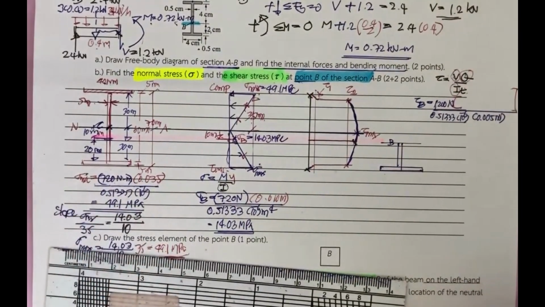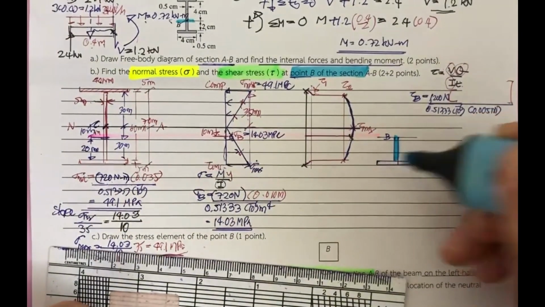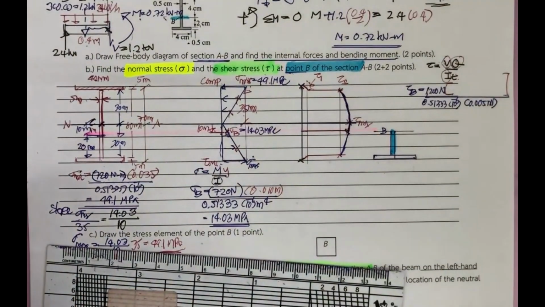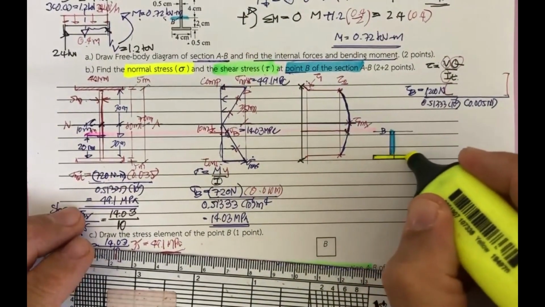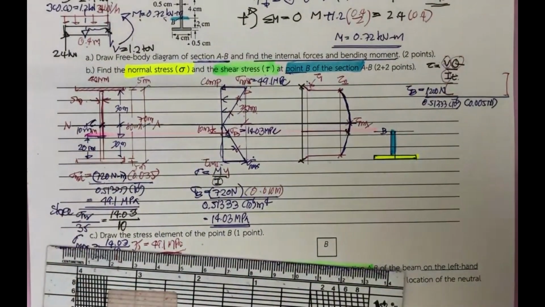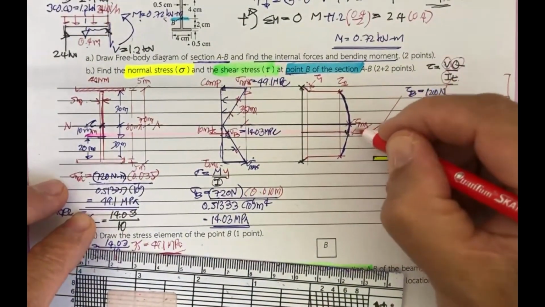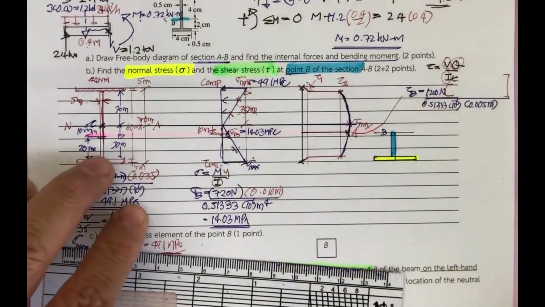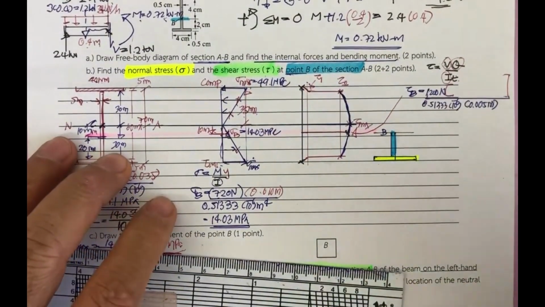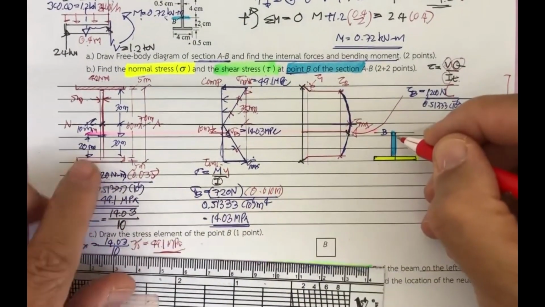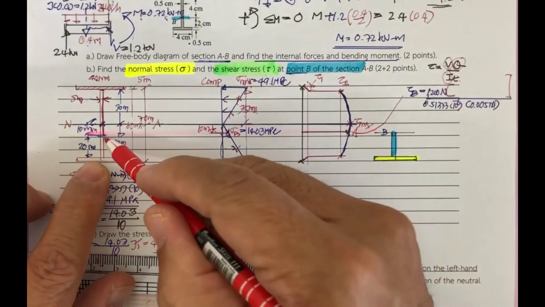We should separate this section into two portions. The first one is this one, and the second one is this one, to determine the tau at this point. And the Q is what? You cut it here.